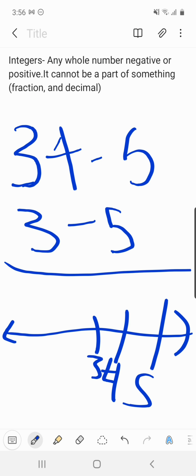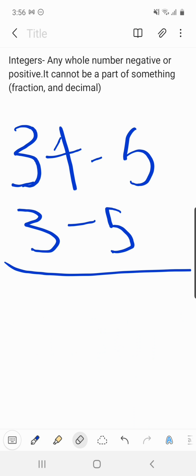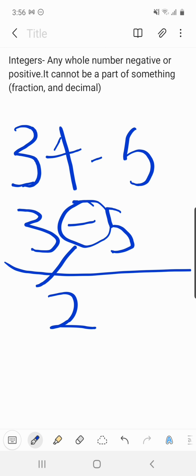But you cannot do 3 subtract 5 and get a positive number, because it's less than the thing. So the number line helps show you that. If you do 5 minus 3, you get 2, correct? Now, all I do is add a negative to it and get negative 2. So 3 minus 5 equals negative 2.